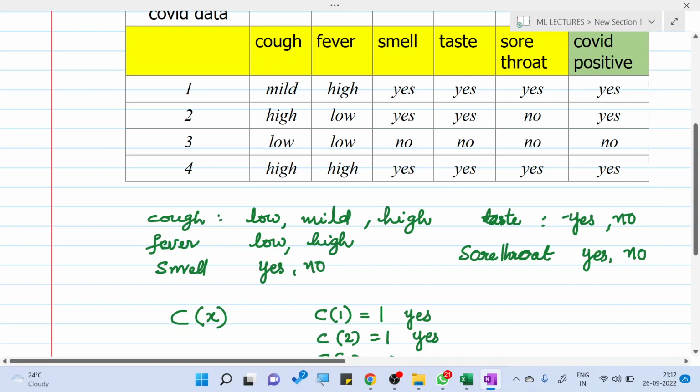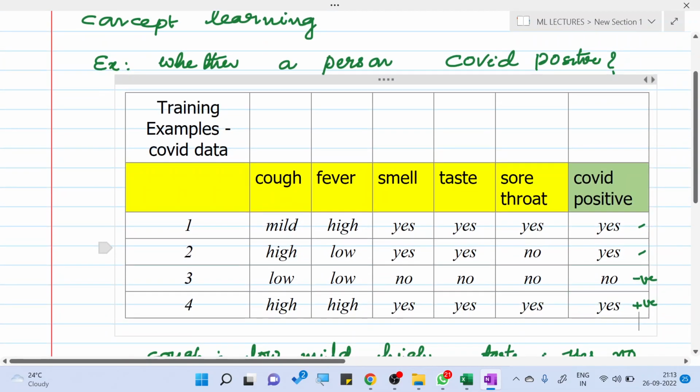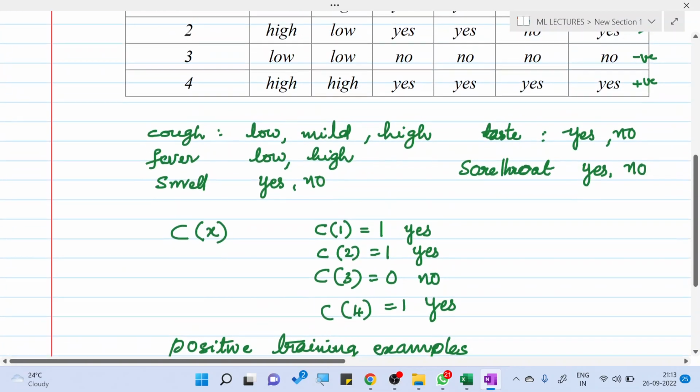So this is positive, this is positive, this is negative, this is positive. Now based on these 4 examples, we want to propose a hypothesis, and the algorithm that we are going to learn today is called the Find-S algorithm.